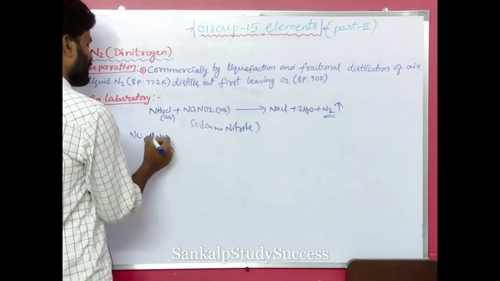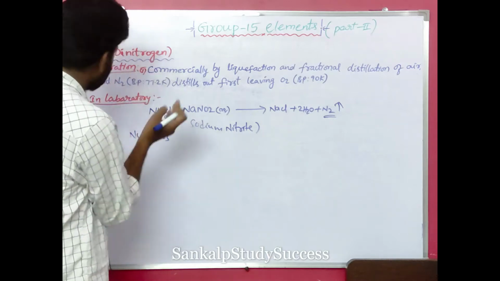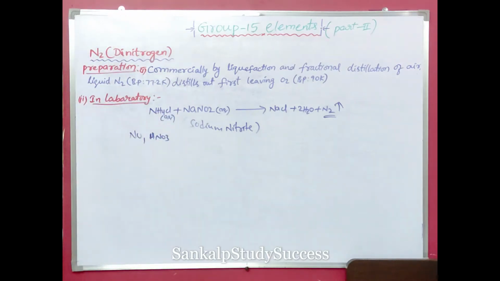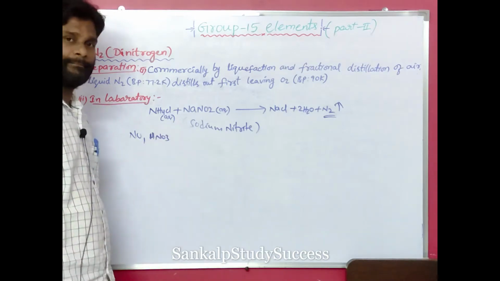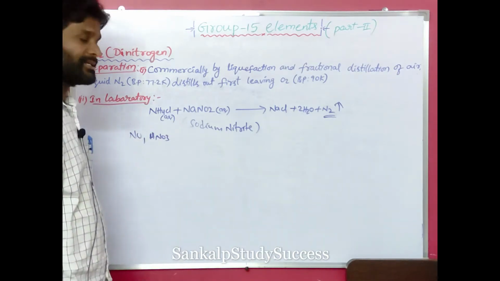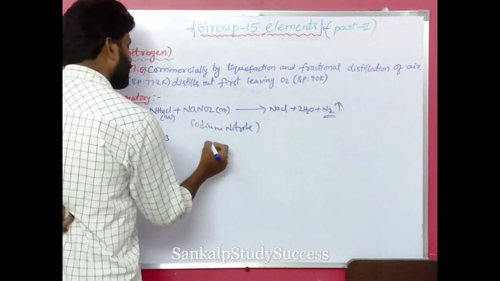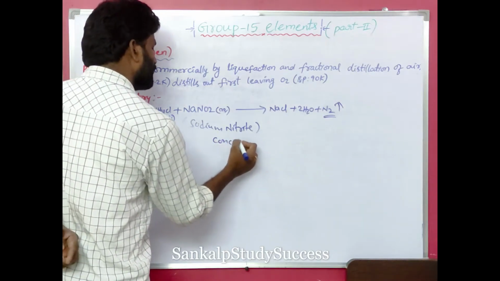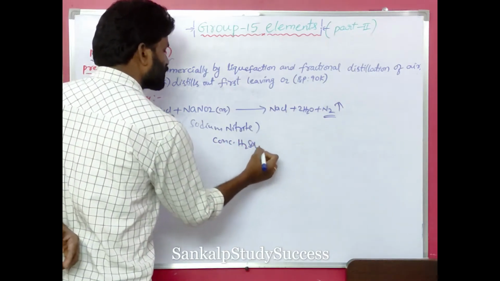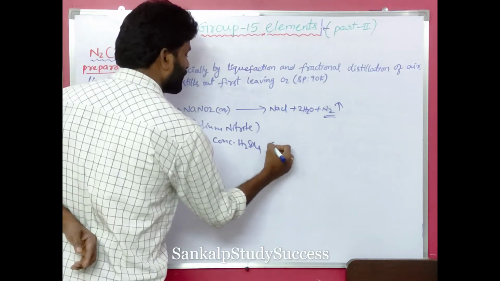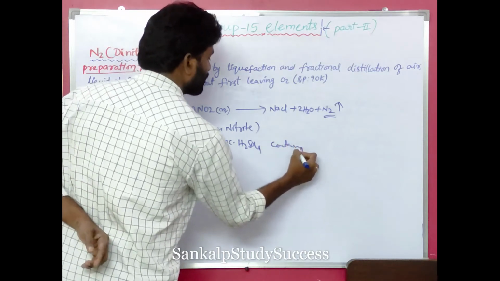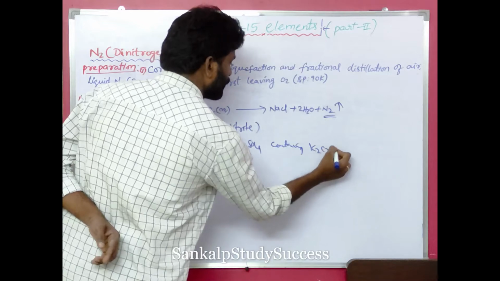In this method, which impurities are obtained? NO and HNO3. These are removed by passing the gas through concentrated H2SO4 containing potassium dichromate, K2Cr2O7.